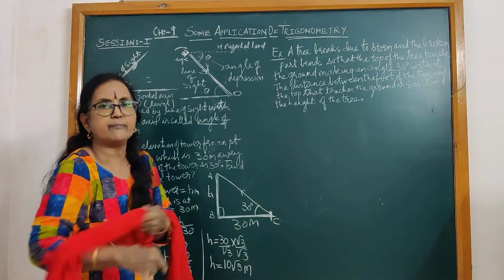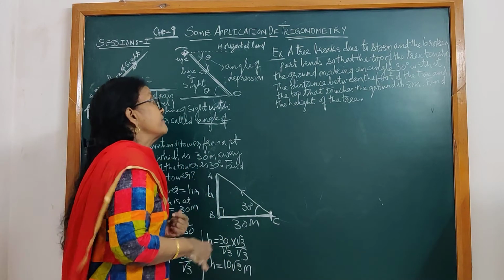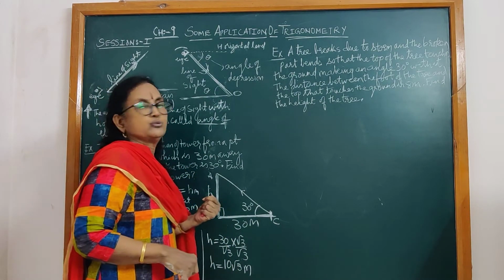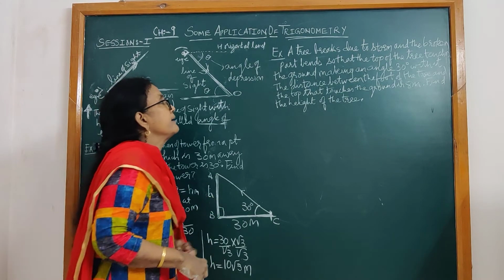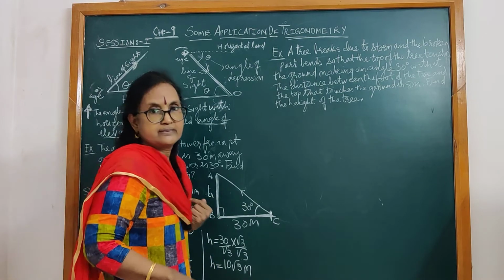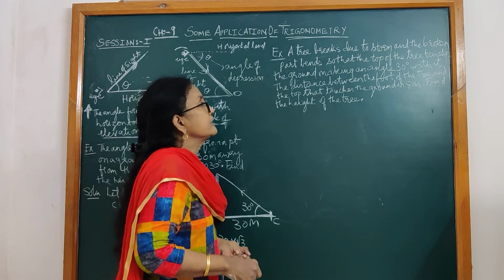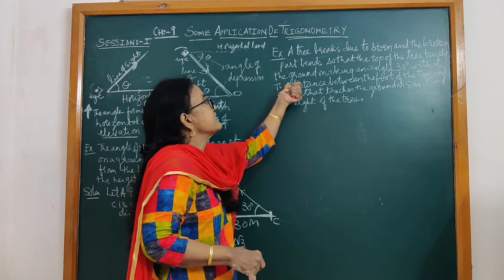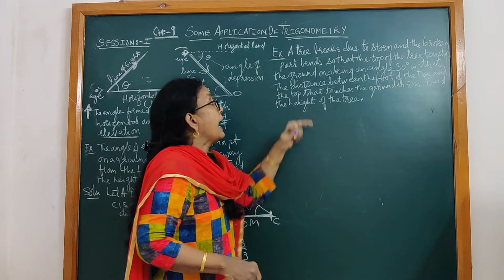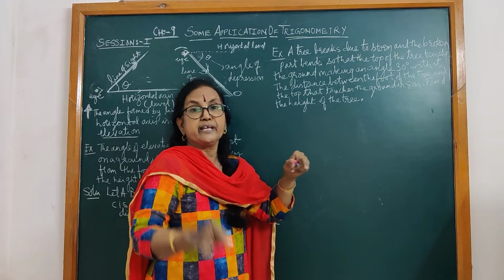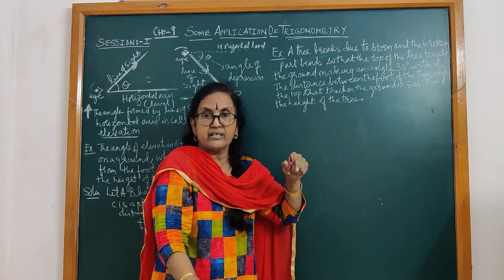Now another example I am taking, that is a tree breaks down due to a storm and the broken part bends so that the top of the tree touches the ground and makes an angle of 30 degrees. The tree is standing straight.